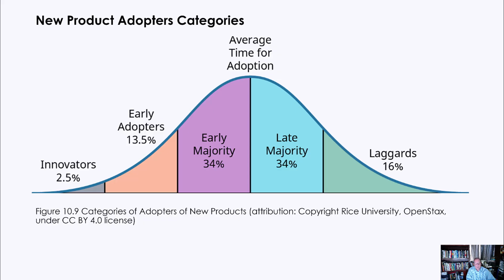So if everybody else is buying the newcomer, or everybody else is going to buy the first company that came in, the late majority is going to be a follower. So they're going to follow whoever is the best company that has successfully captured the 34% in the early majority.